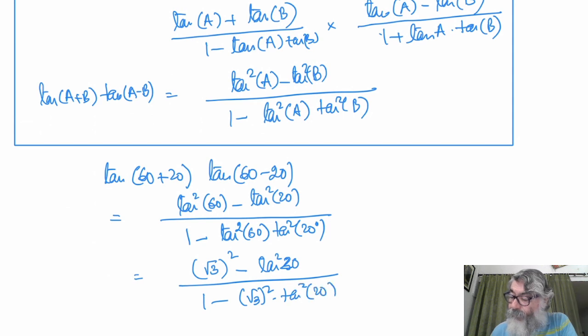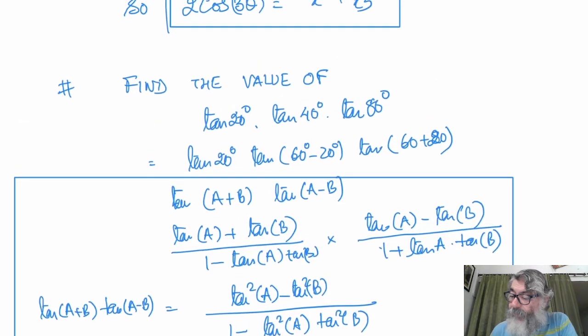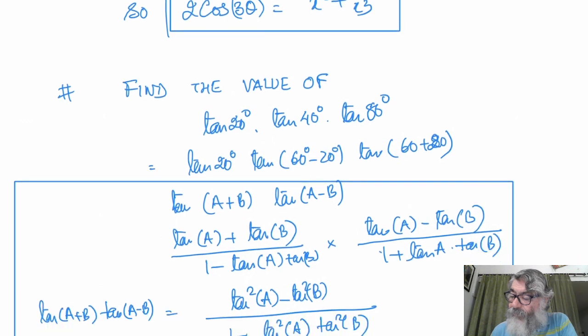So it will come out to be 3 minus tan² 20 upon 1 minus 3 tan² 20. But this is just tan 40 and tan 60. What about tan 20?